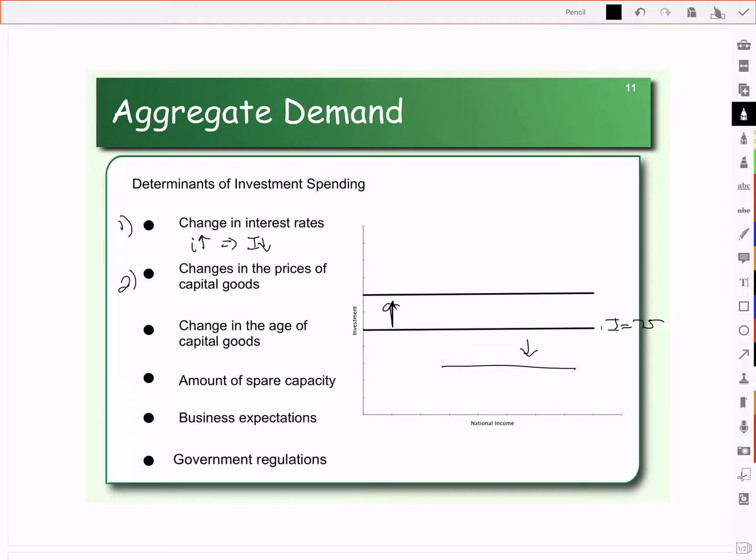The second thing that changes investment spending is a change in the price of capital goods. So here, let's say we're Quiznos, and we've been thinking about upgrading our equipment that toasts the sandwiches.